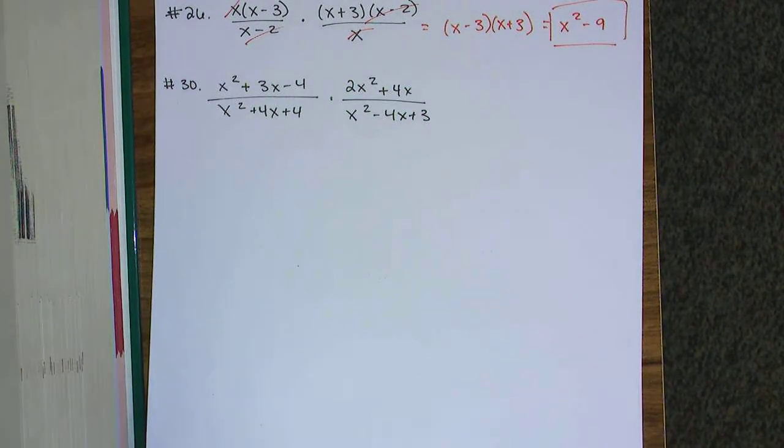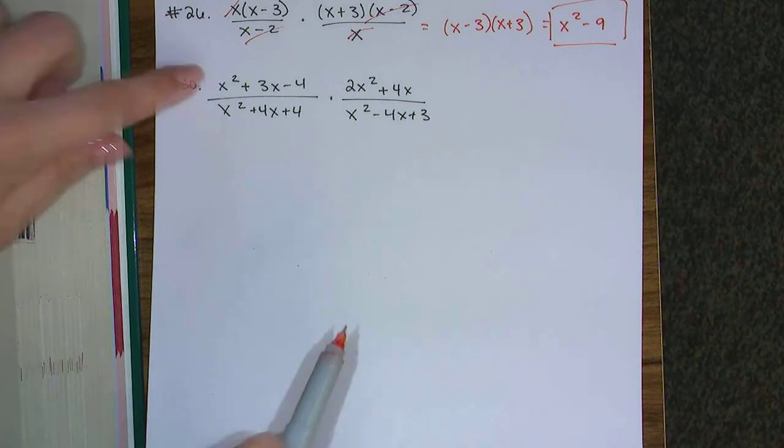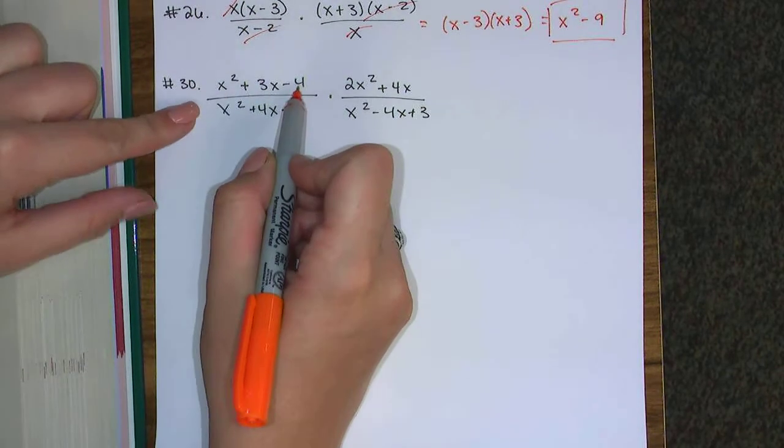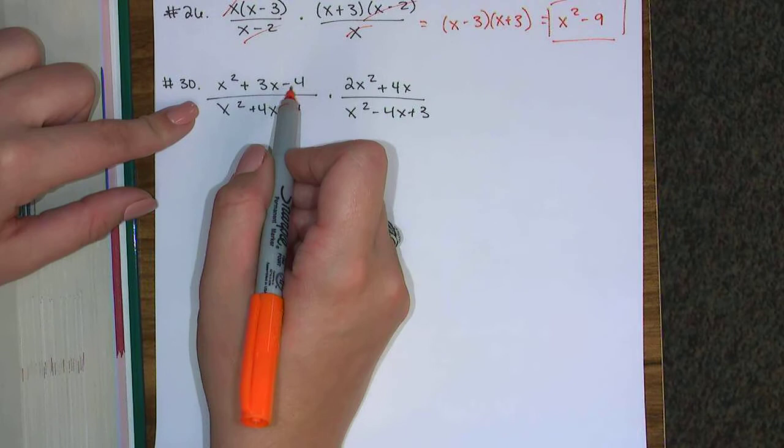So I'm going to go through and factor each piece here and see what I can cancel out. Let's start up here. This is x squared plus 3x minus 4. If I do a positive 4 and a negative 1, that should work.